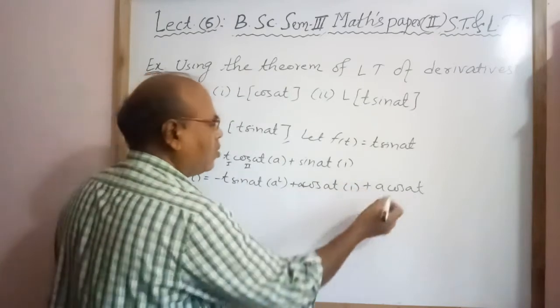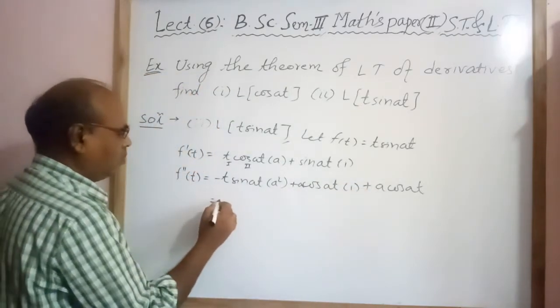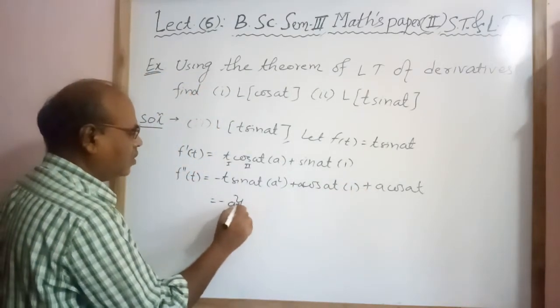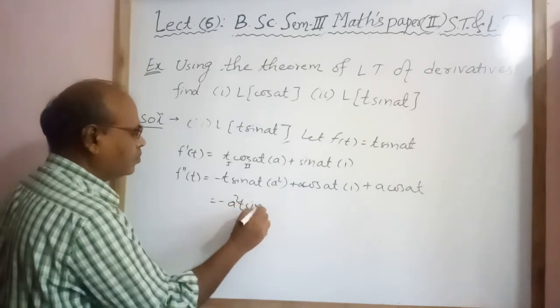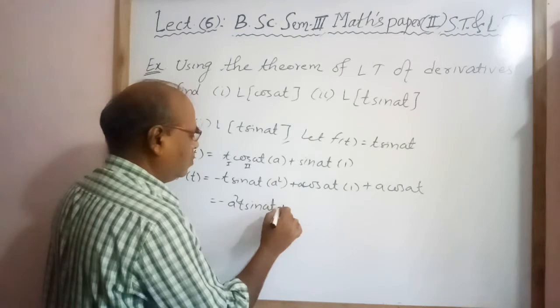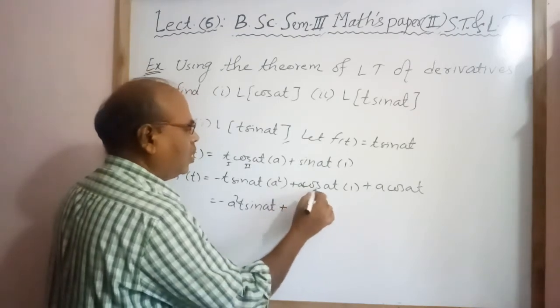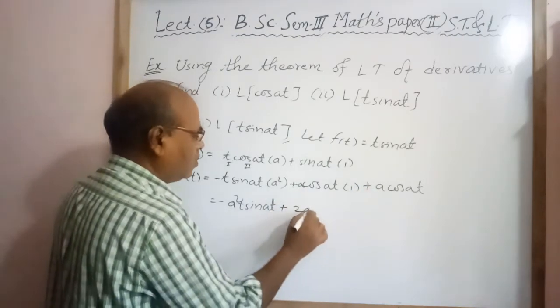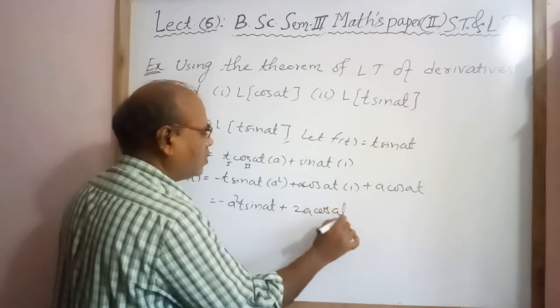Now a cos at we have twice, therefore minus a square t sin at plus a cos at plus a cos at, twice a cos at.